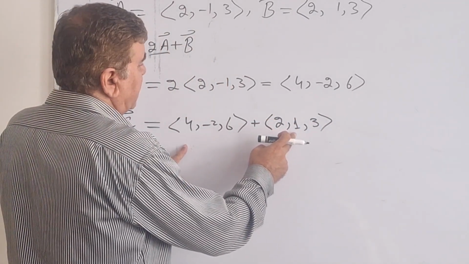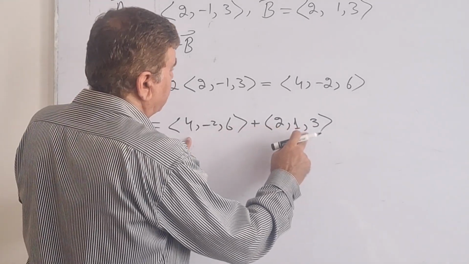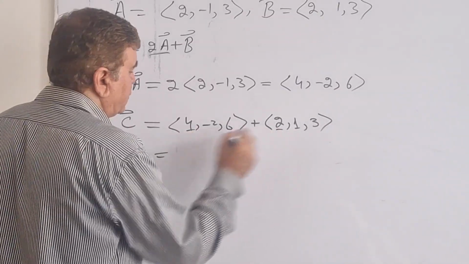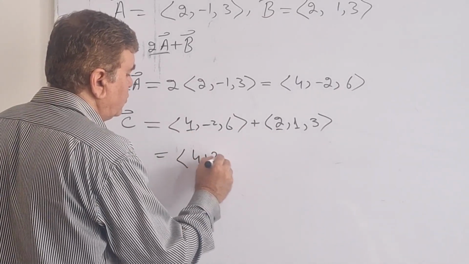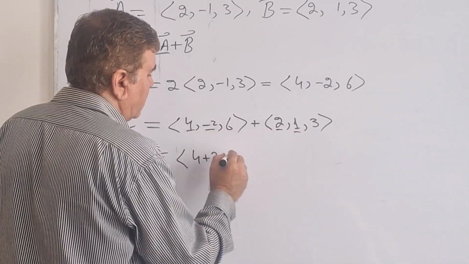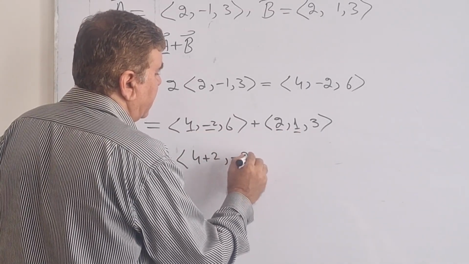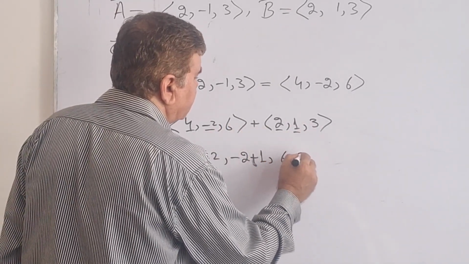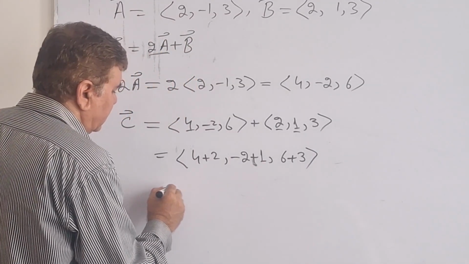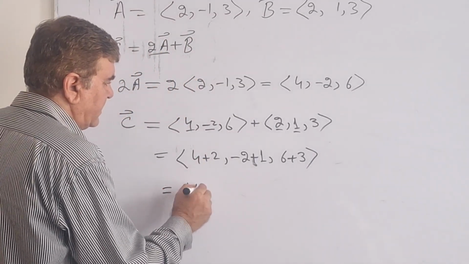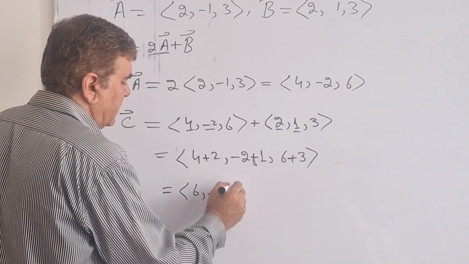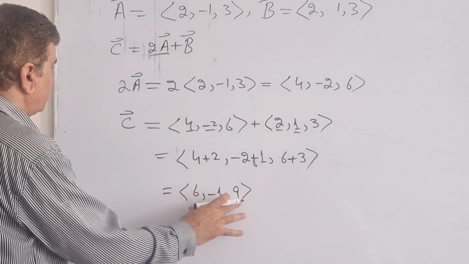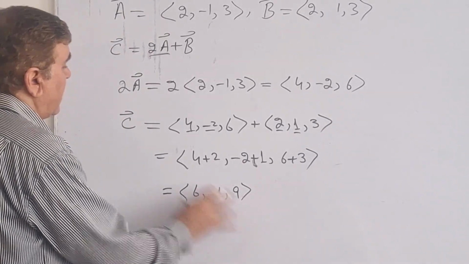This representation means that we should add the corresponding numbers in the two triples, so I should add this 4 to this 2, so I write 4 plus 2, and this minus 2 to this 1, so I write minus 2 plus 1, and this 6 to this 3, so I write 6 plus 3. That means the resultant is (6, minus 1, 9). So this is the resultant vector given by this triple of numbers.